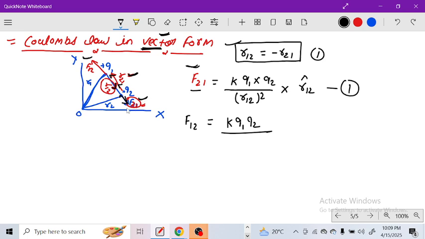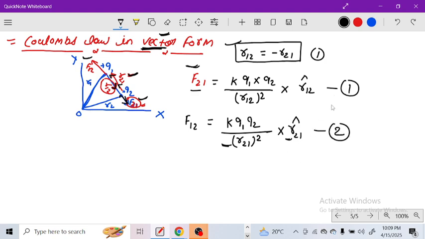So the distance of F12 will be R21 square, into the R21 unit vector. Understood, Kavya? Why am I taking the unit vector? Because this is in vector form, so I have to take magnitude as well as direction also. Okay, so this is equation 2, Kavya.